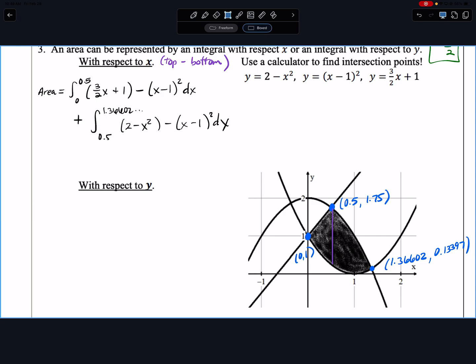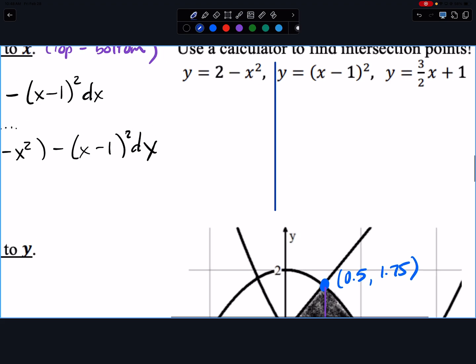Do you guys agree that this right here is this function? Okay, so if I solve this, I'm going to get y minus 2 is equal to negative x squared. And then I'm going to divide both sides by negative 1. So negative y plus 2 is equal to positive x squared.